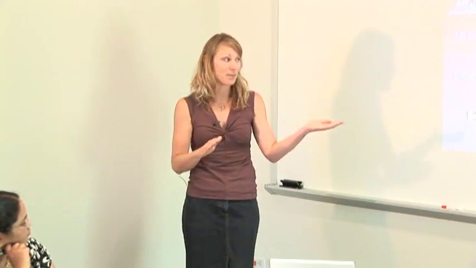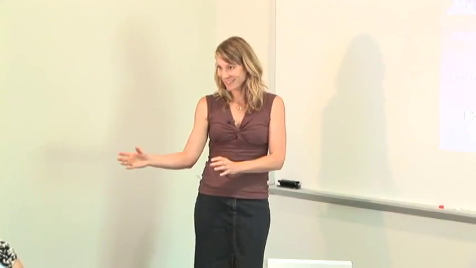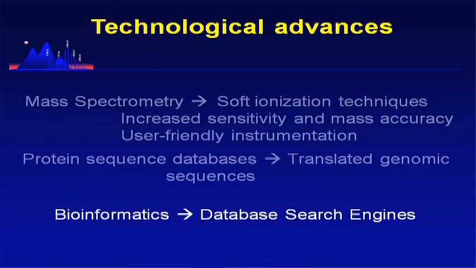And that's where the database search engines come into play. And we're going to talk about database searching towards the end of my lecture today. But one thing I should mention here is that this is still a very developing field. So we can, at this point in time, generate much, much more data than we can actually analyze. And you'll see this throughout the course of your experiments in the lab as well.